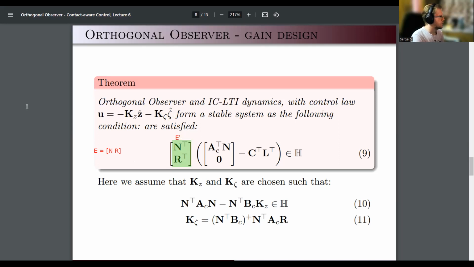Now, what happens here? There's a different color. This is A^T M. For some reason, we transpose matrix A multiplied by N. Here's just 0. Minus the observation matrix C transposed, L transposed.